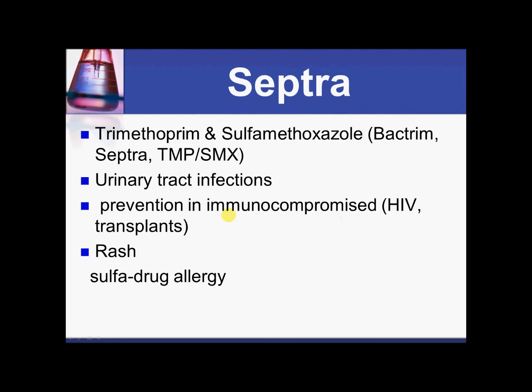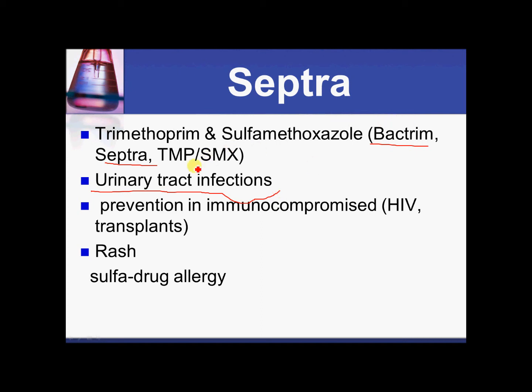Last, I'll talk about Septra and also maybe Bactrim are two brands that you'll hear. And I have up here UTI. Just keep in mind it can be for any bacteria that Septra is susceptible to. Typically, we see Bactrim or Septra used with UTIs.